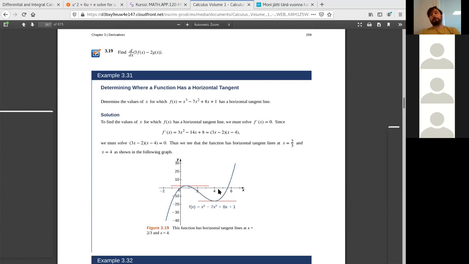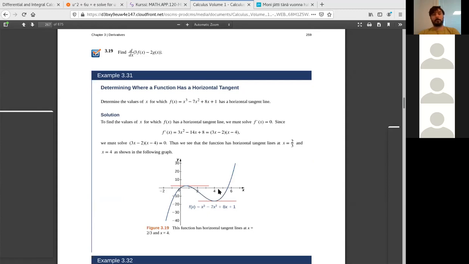If the slope is 0, then one of 3 things is happening. It's going to go down on the left and up on the right, which means it's a minimum. Or it's going up on the left and down on the right, so it's a local maximum.